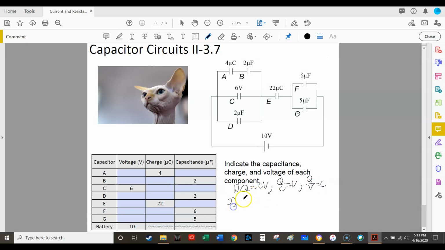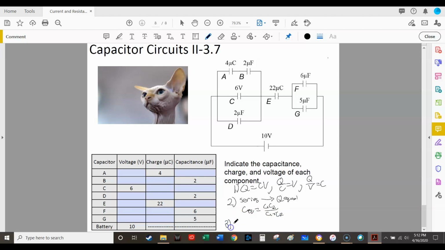Means rule 2 is going to actually have 2 parts to it. If you see 2 capacitors in series with each other, the charge is equal. And what that also means is that if you put 2 capacitors together, that's the product of the 2 capacitors or the sum of the 2 capacitors.